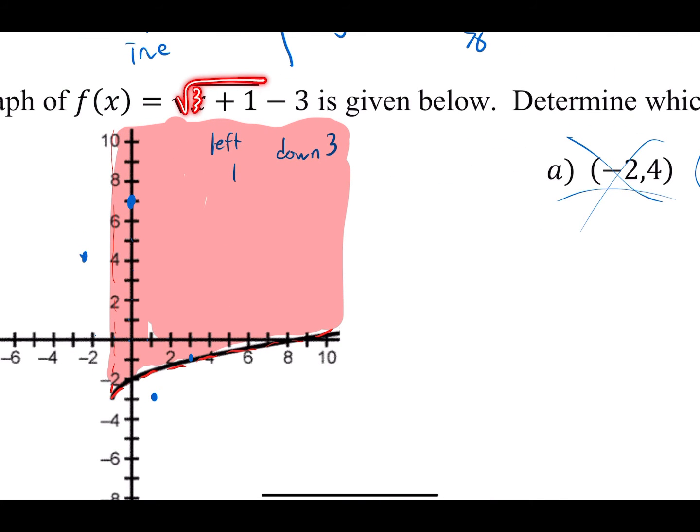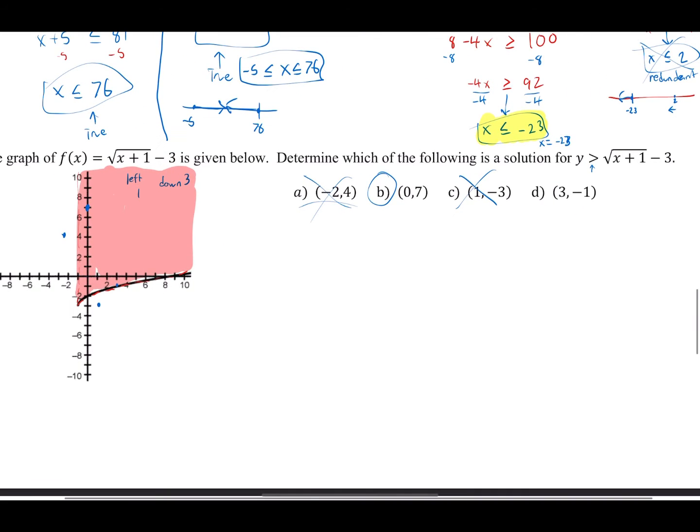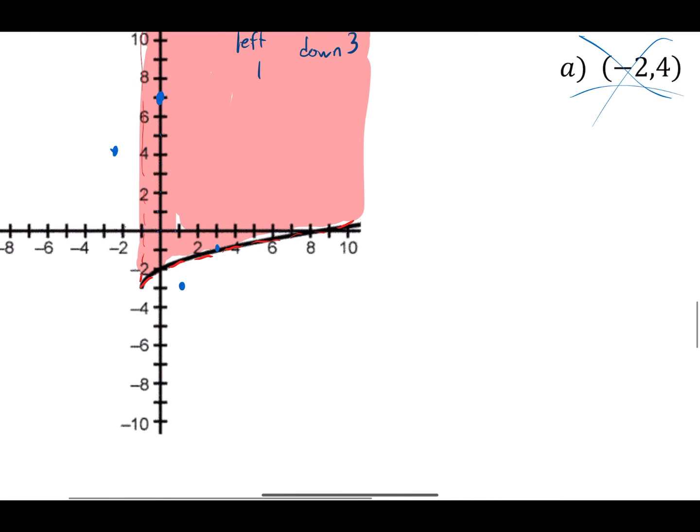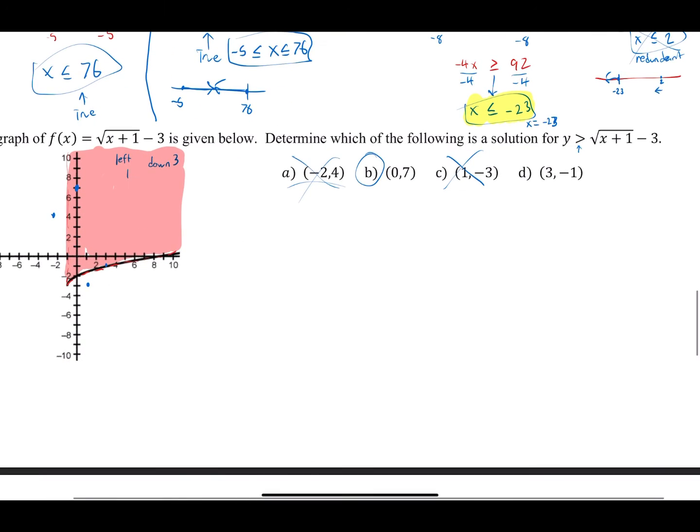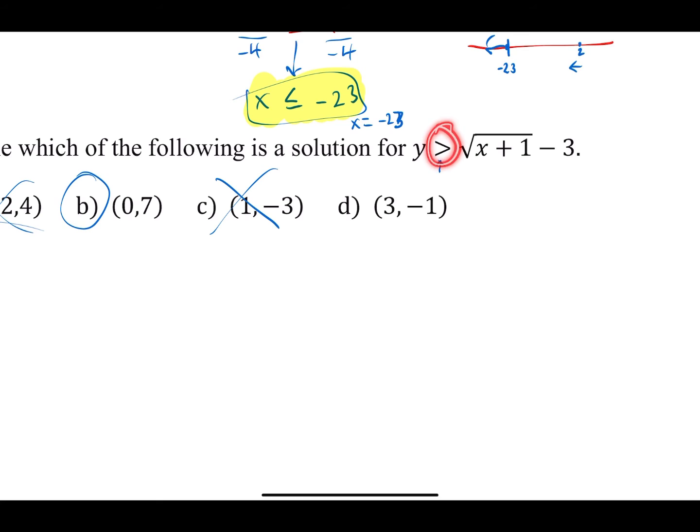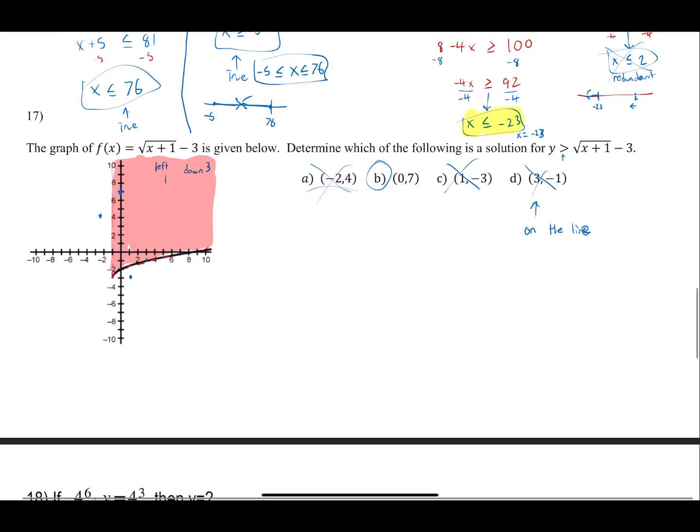The square root of 3 plus 1 is the square root of 4, which is 2, minus 3 is -1. Yeah, this is on the line. And we can't be on the line because this is strictly greater than, and we can't be equal to. So D can't be an answer because it's on the line. And it's good to notice why that's not okay.